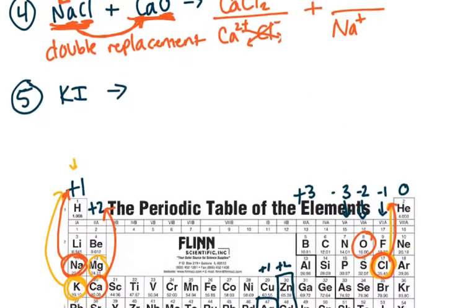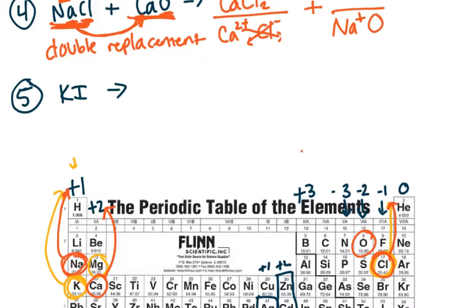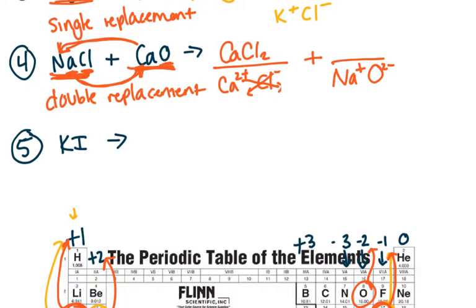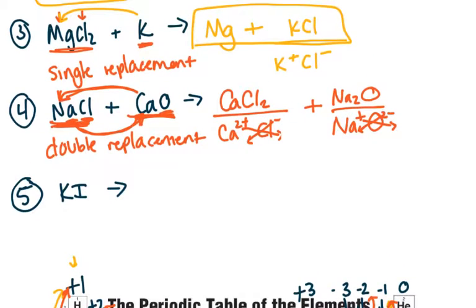And then oxygen is what it's being bonded to, and oxygen is right here with a -2 charge. So again, they have to equal 0. I'm going to need two sodium for every 1 oxygen. So Na2O. And there are my two products for that reaction.